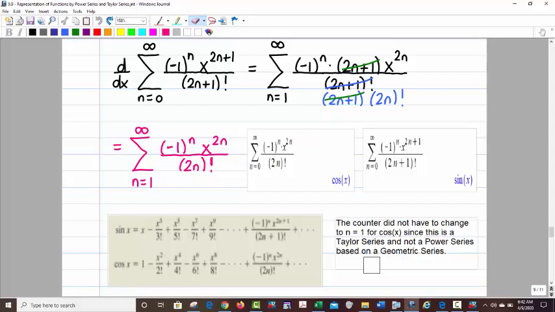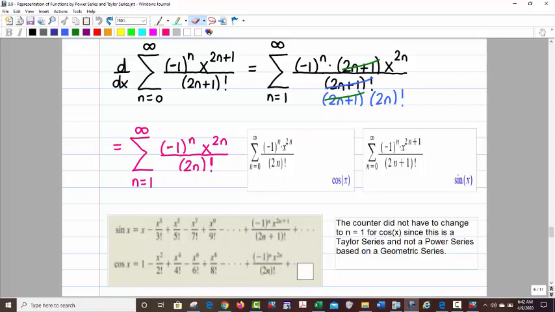I'm saying here that it didn't have to change to n equals 1 for cosine, since this is a Taylor series and not a power series that's based on a geometric. That's when you have to change it. But evidently it just didn't have to change to 1 right here. It can be entered as 0.